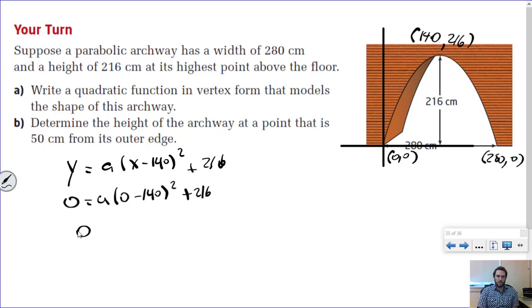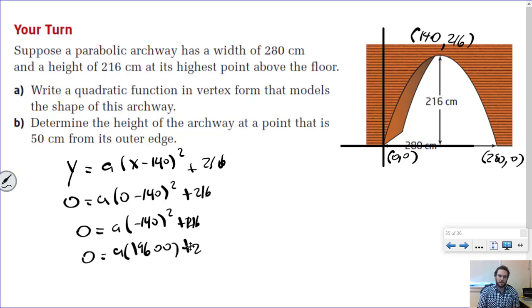So 0 equals a times 0 minus 140 squared plus 216. So 0 is equal to a times negative 140 squared, since 0 minus 140 is negative 140, plus 216. We square negative 140 and we get 0 equals a times 19,600 plus 216.